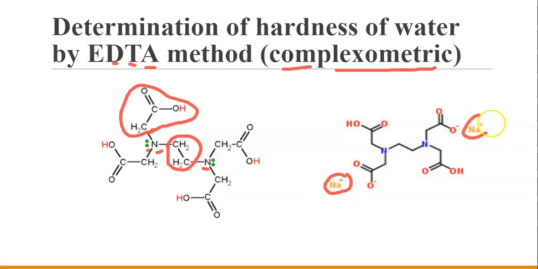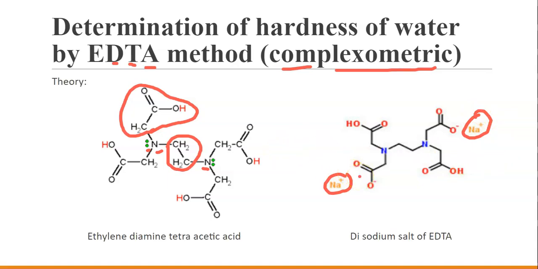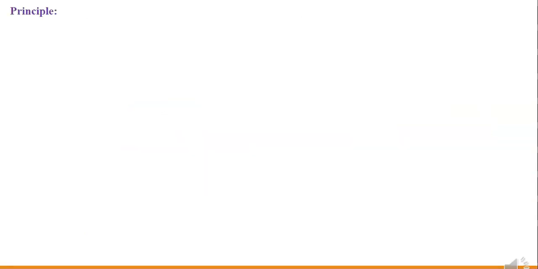So this is the disodium form of EDTA. In this titration, we use the disodium form of EDTA instead of EDTA because it is more soluble in water. Since it is more soluble in water, it can easily react with the hardness causing metal ions in water. So let's have a look at the principle.